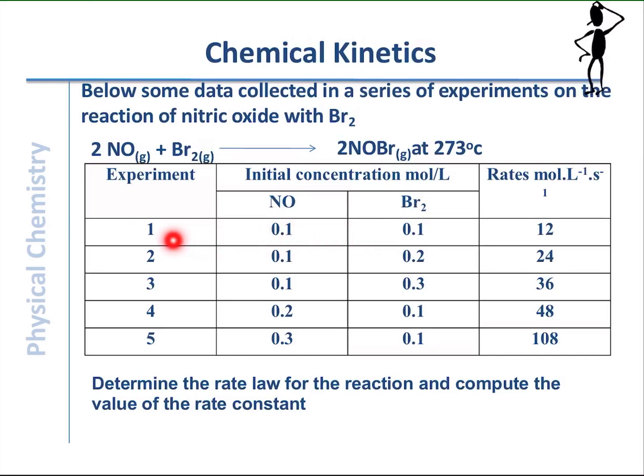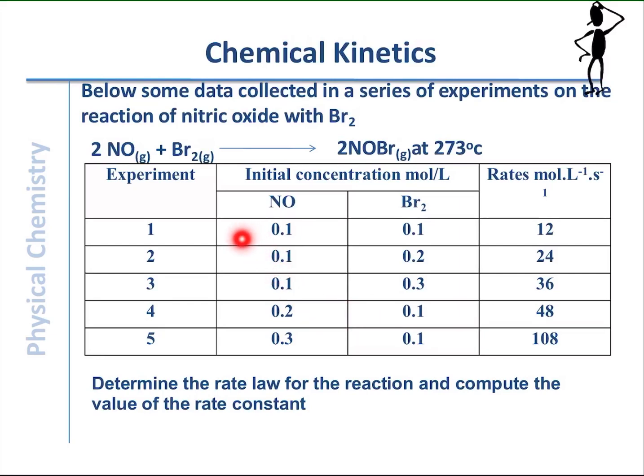Let's say in experiment 1 the concentration of bromine is 0.1, and in experiment number 4 the concentration of bromine is also 0.1. If we compare the two experiments, the concentration of bromine will not be a factor, it's constant.